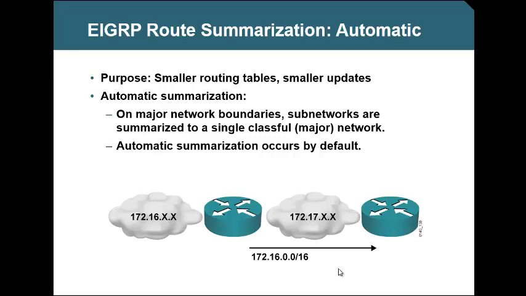The other big difference is that in the newer version of EIGRP, route summarization is not automatic. In the older versions, EIGRP summarization is automatic. In the newer version, we have to do summarization manually.